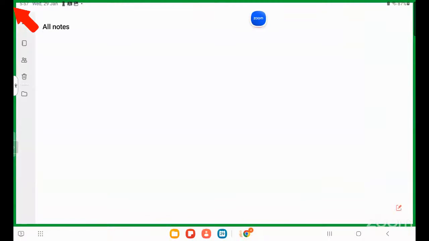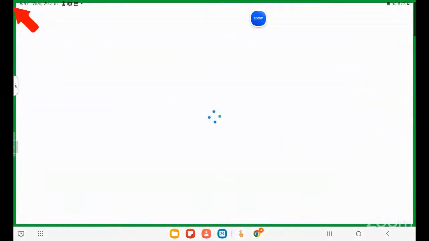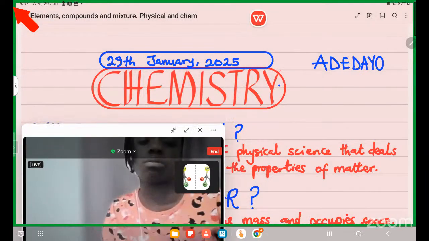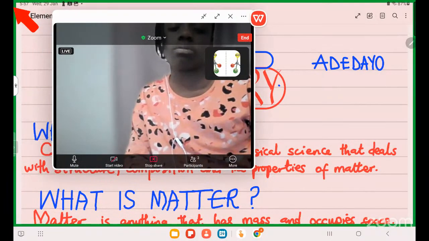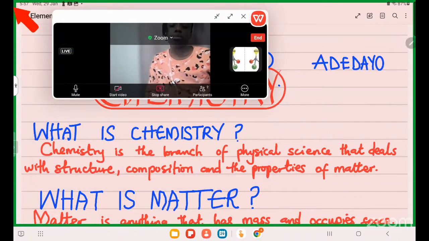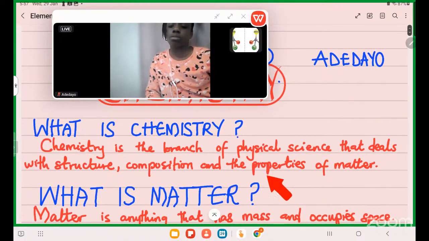In the previous lesson, we learned about chemistry, and we defined chemistry as a branch of physical science that deals with the structure, composition, and properties of matter.